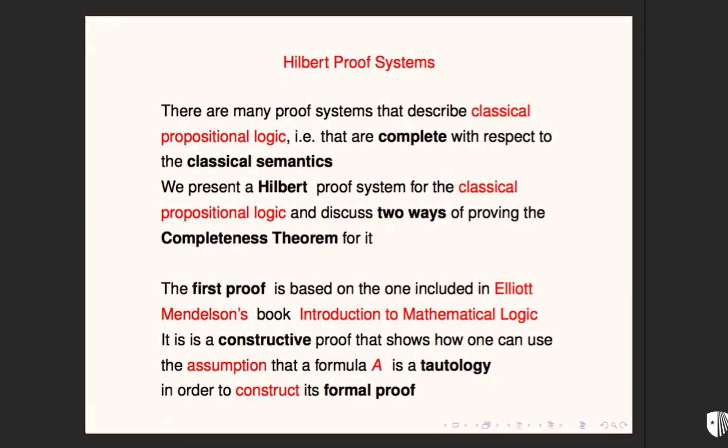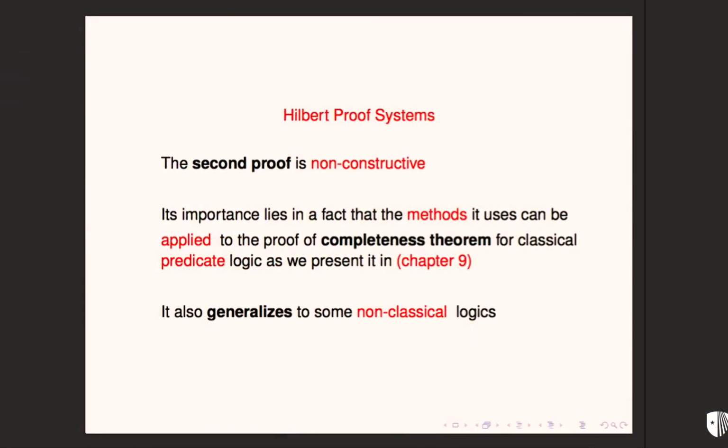Easy to Google. It's a very, very classic book. Pretty dense, so that's why I wrote my book. So it is a constructive proof and shows how one can use the assumption that a formula is a tautology in order to construct, in a sense, a formal proof. And the second is not constructive.